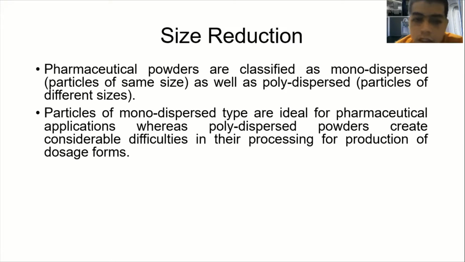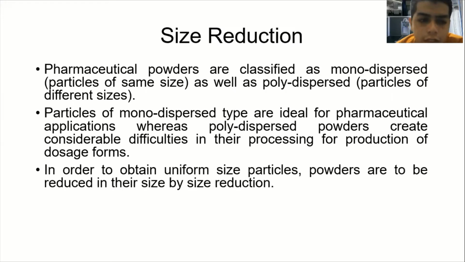Of course, if polydispersed, meaning different sizes, they are not uniform, so dosing, for example 25 ml, becomes difficult. So in order to obtain uniform size particles, powders are to be reduced in their size by size reduction.